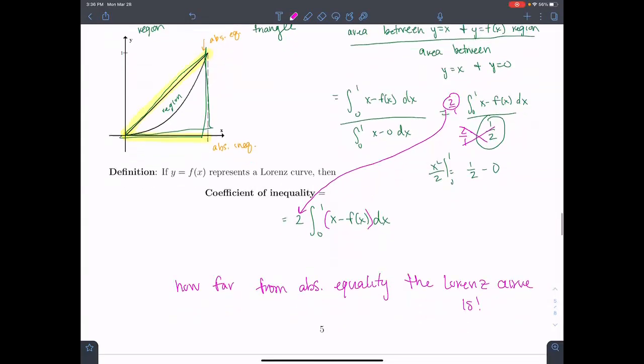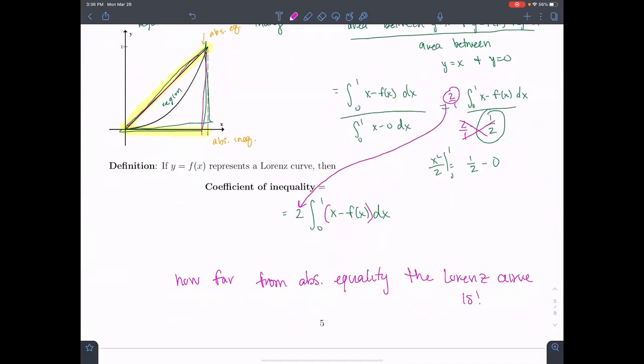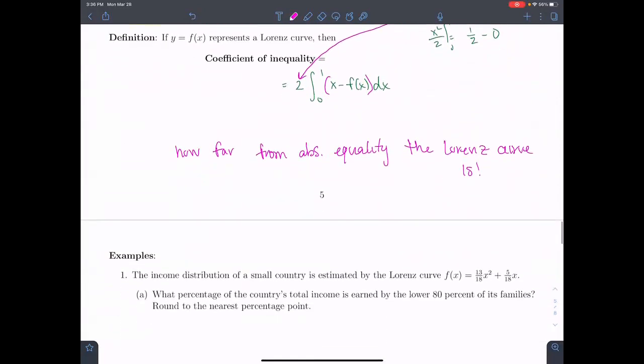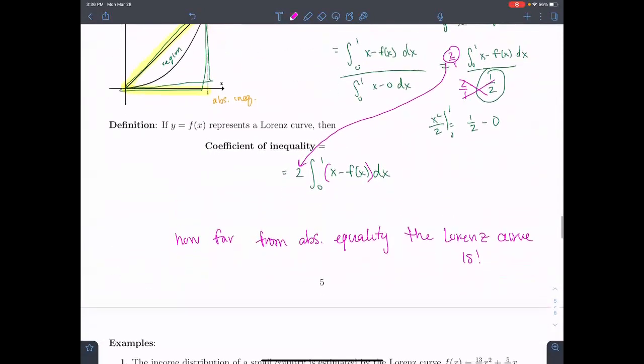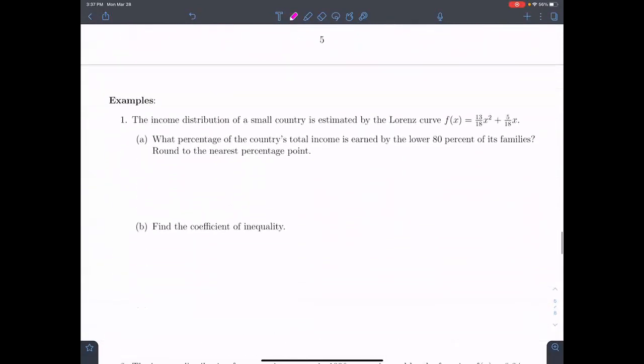When you work that out, because of this triangle and this being 0, that bottom integral is 1/2, and it's on the bottom of a fraction, so it's the same thing as multiplying by 2. That is how you find the coefficient of inequality, and that is why this is an area between curves application.